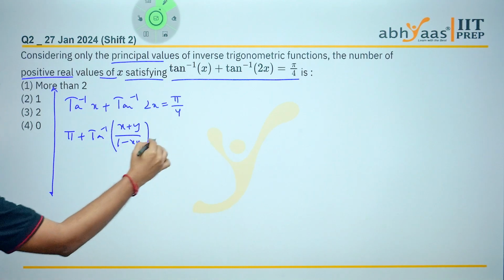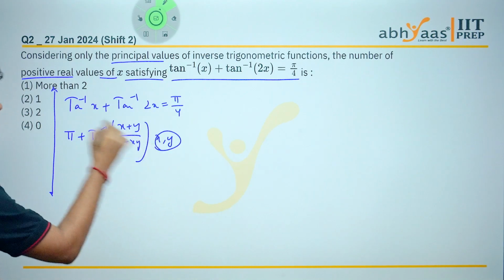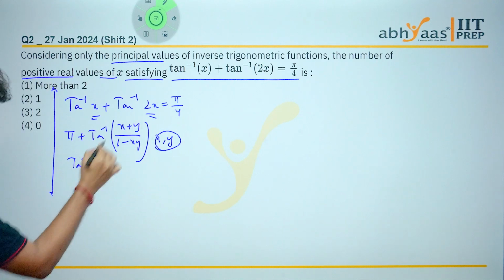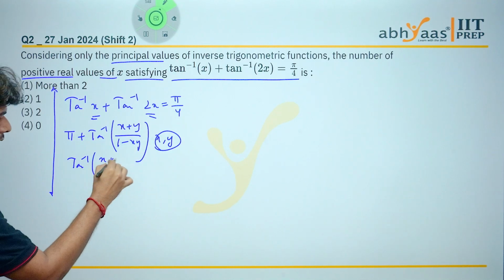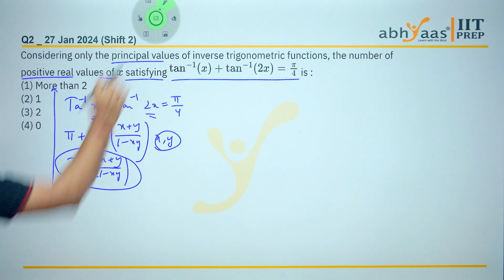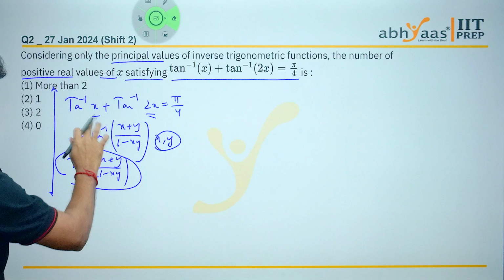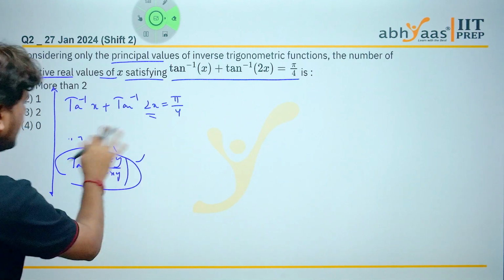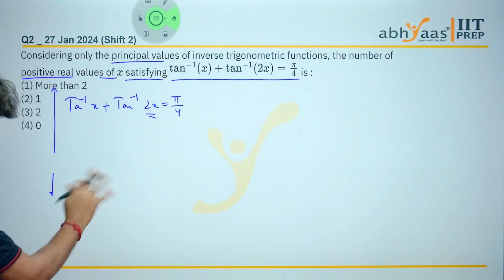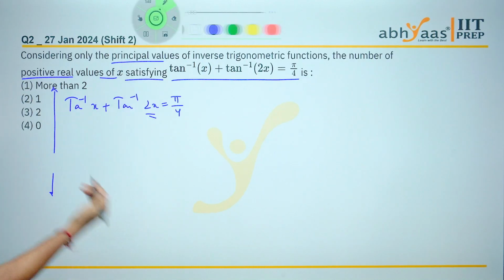Both have different conditions for x comma y. So we either get this formula or this formula. Generally we use this formula, but since we don't know which formula would be applicable, I'm not going there. Let's try solving normally.